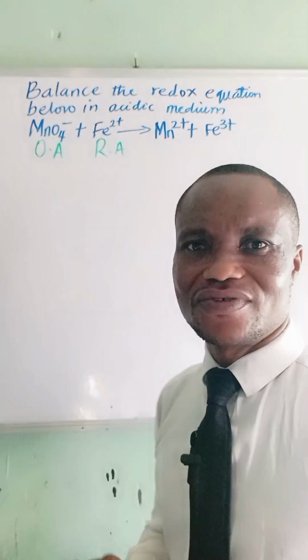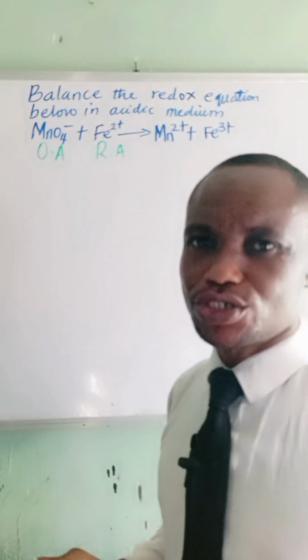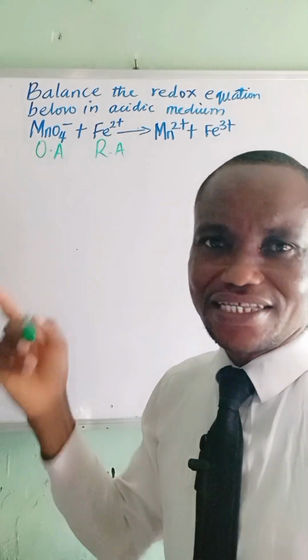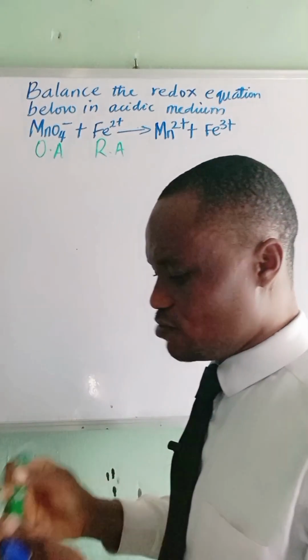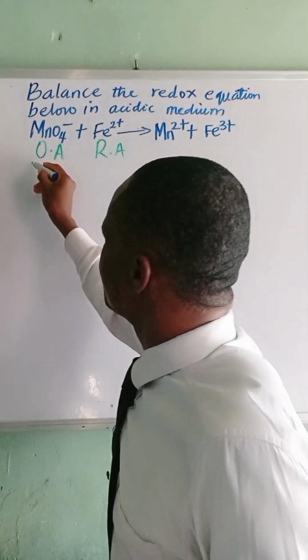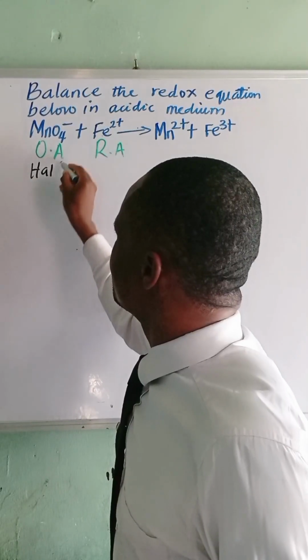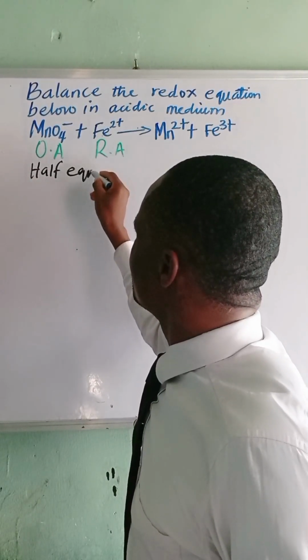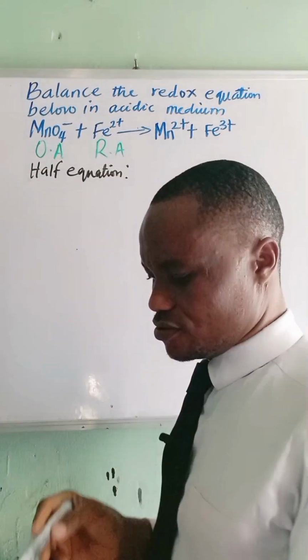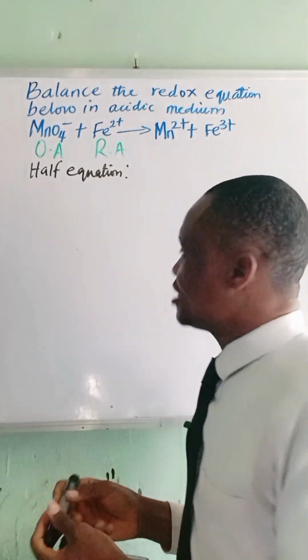Next step, write the half equation for the reducing agent and the oxidizing agent.